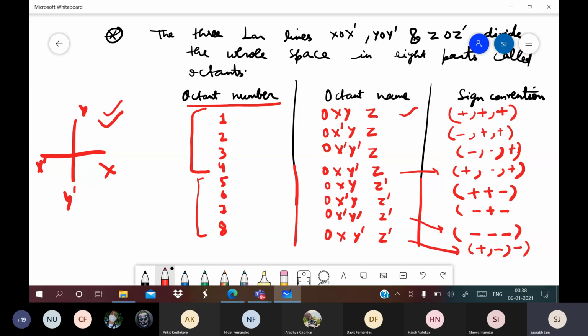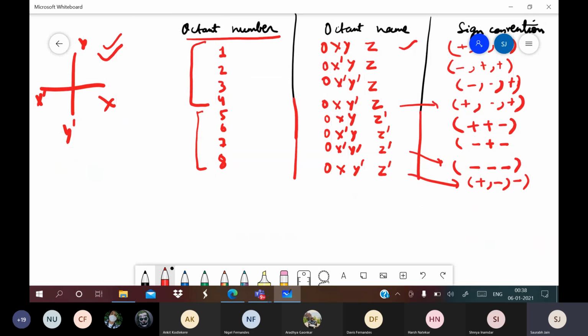And how to represent a point in 3D? x, y, z, right? So they can ask a question like this: which of the octants do the following points belong to? Okay, just a minute.